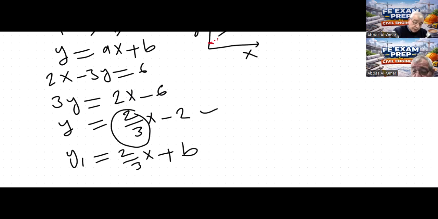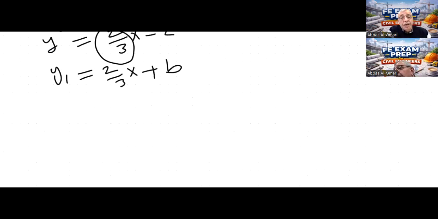Now I want to determine the y-intercept. To determine it, I have one condition: I know one point on the line. So I substitute this point, x equals 1 and y equals 4, and I can find b. So 4 equals 2/3 times 1 plus b.